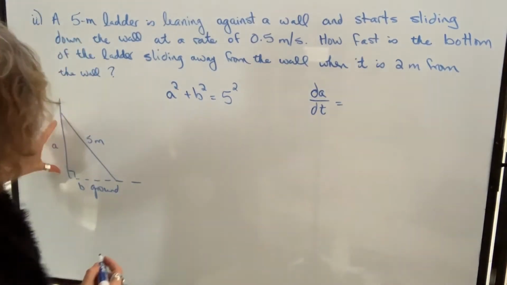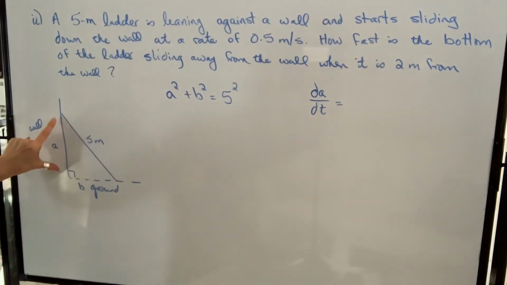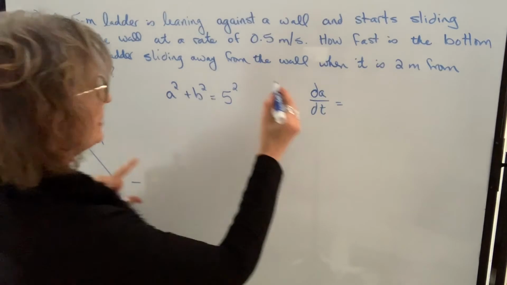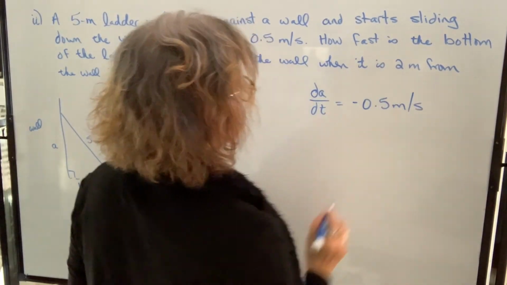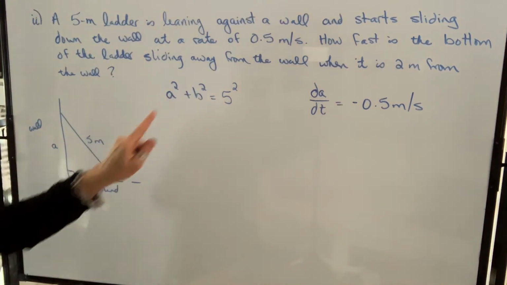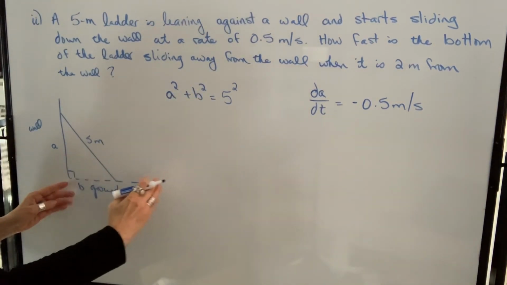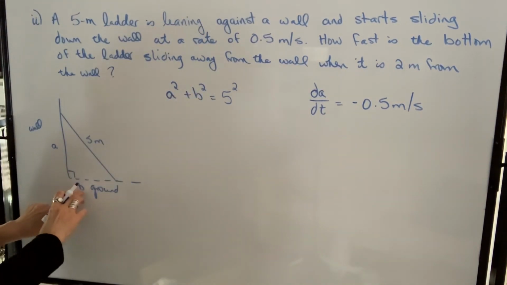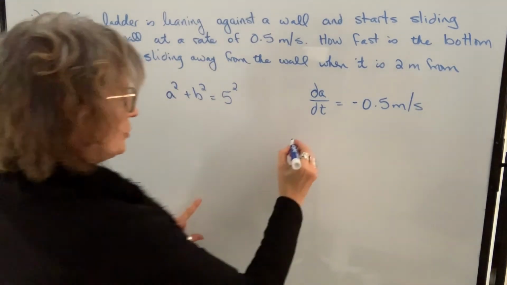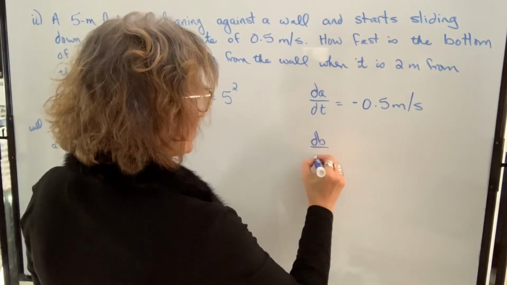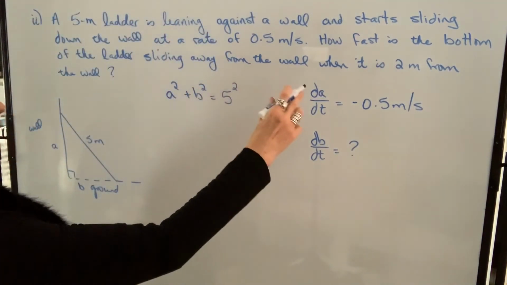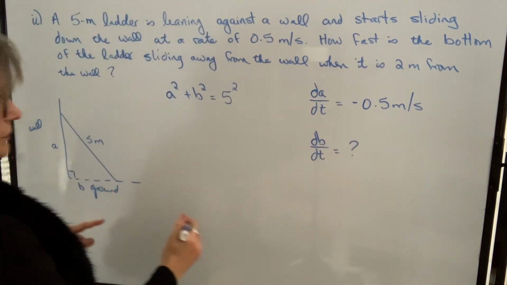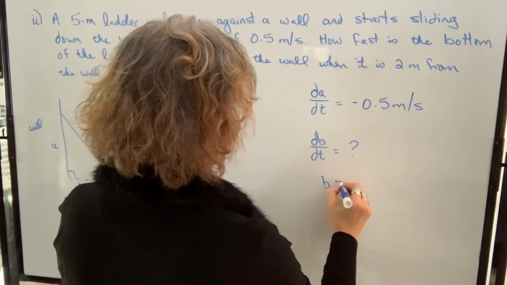So this length is decreasing at a rate of -0.5 meters per second. It says how fast is the bottom of the ladder sliding away from the wall. So we want to know how fast B is changing. So dB/dt is what we want to calculate. When it is 2 meters from the wall, so when B is 2 meters.